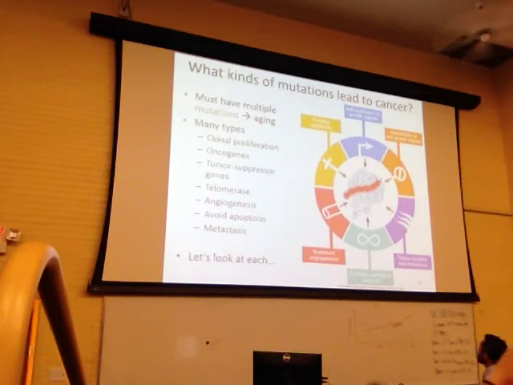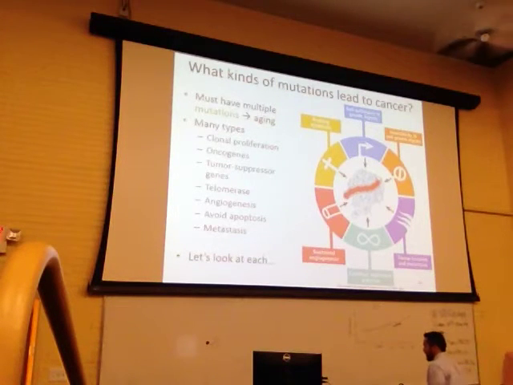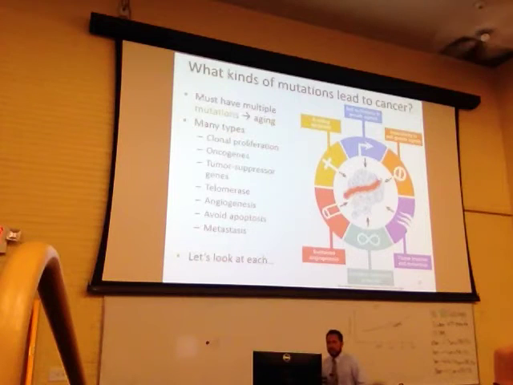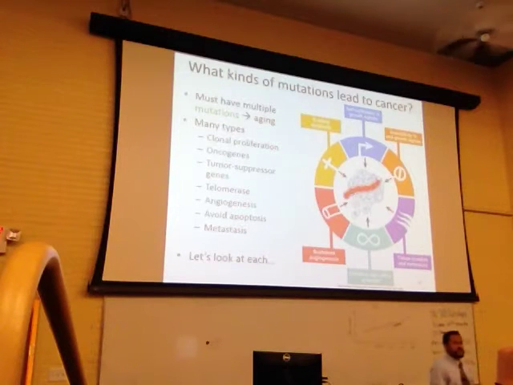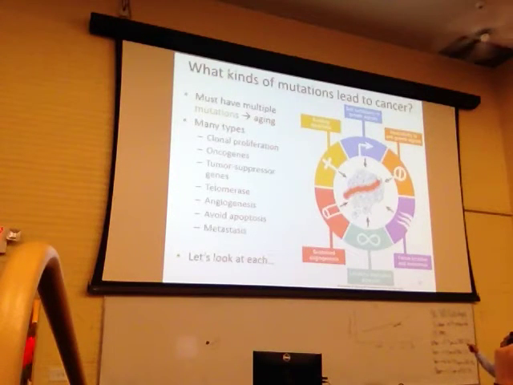So for example, if you have a mutation in the DNA that ignores normal growth cycles and you have this self-sufficiency, you're going to start replicating without any real signal. And that's indicated by this arrow.